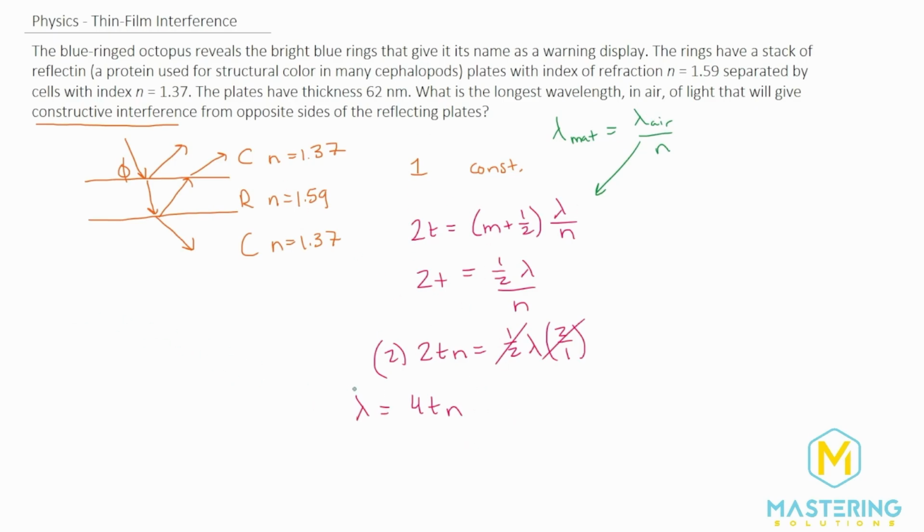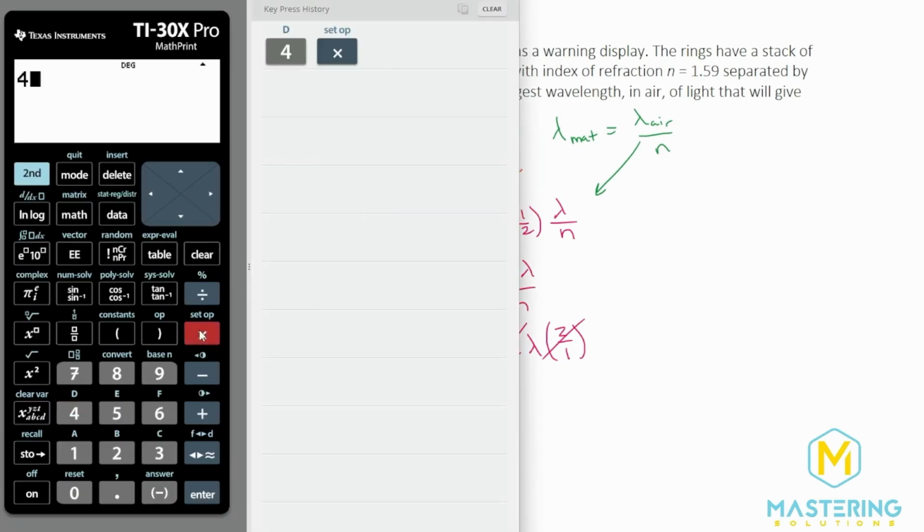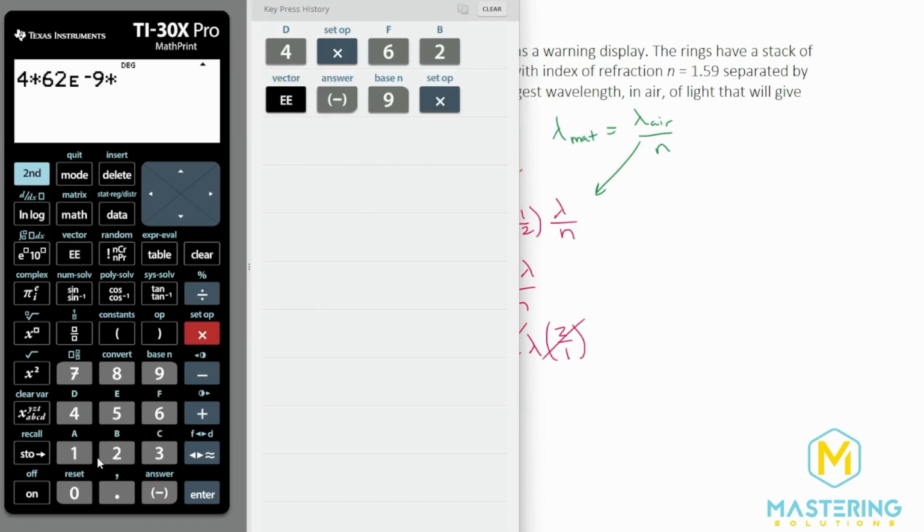Lambda is equal to 4 times the thickness. And they say the plates have a thickness of 62 nanometers. So 62 × 10^-9 meters times n, and that is going to be the n of the reflectin, so 1.59.